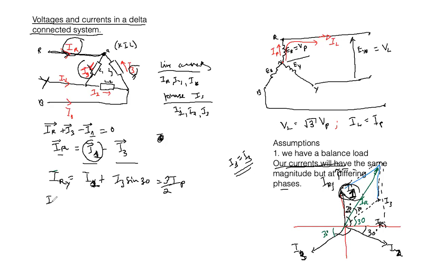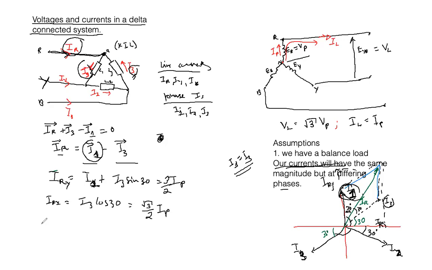Then for IRX, I1 does not have a component in the X because it's in the Y direction. The only component in the X is I3 cos 30, which is root 3 over 2 of the phase current, I phase.